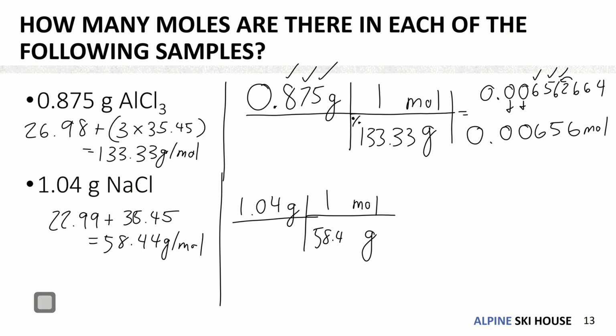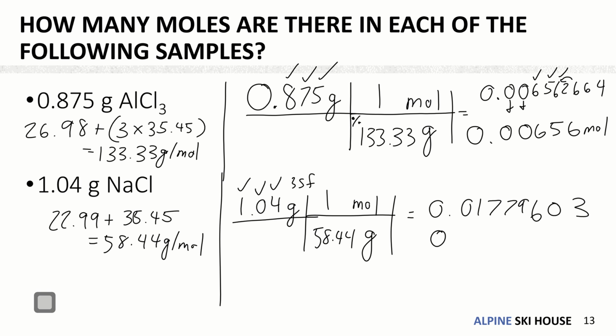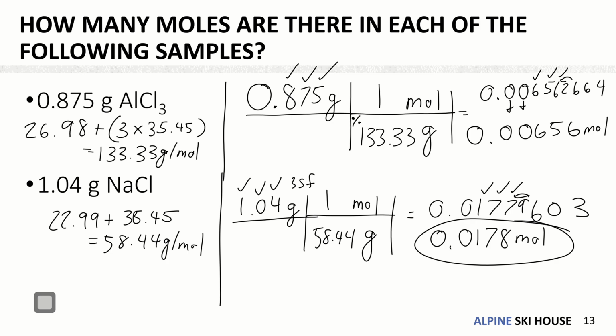And then 58.44. So 1.04 divided by 58.44, I get 0.0177963. So I have 3 sig figs here. So I do 0.0, again, keep the placeholders, 1, 2, 3. 9 is next to the 7, so I'm going to round that up, 0.0178 moles. And that's our answer. Okay?